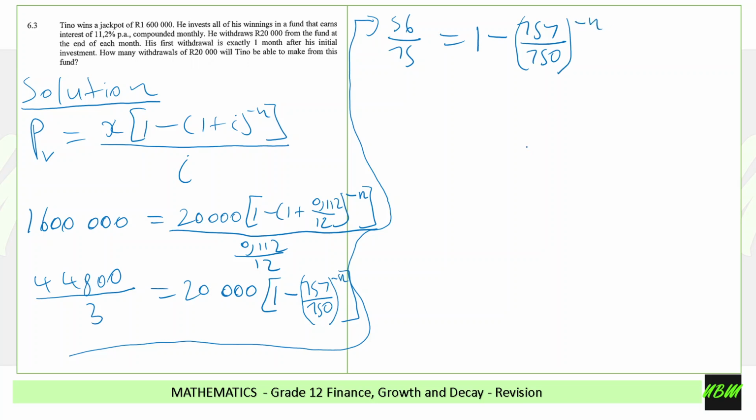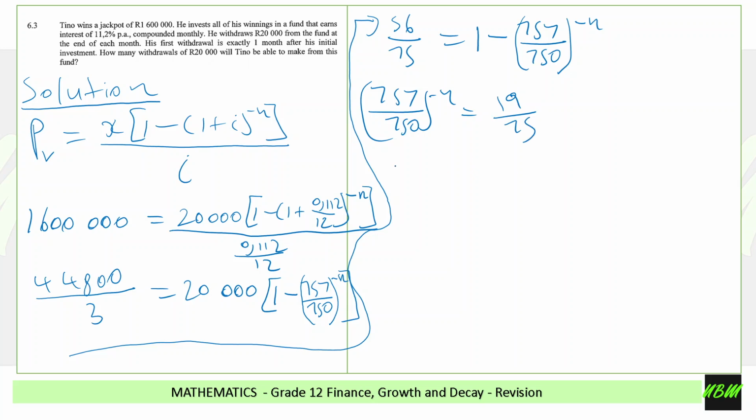And then now we have to solve for n. Therefore, transposing and simplifying, 757 over 750 to the power minus n is equal to 1 minus 56 over 75. 1 minus 56 over 75 gives us 19 over 75.